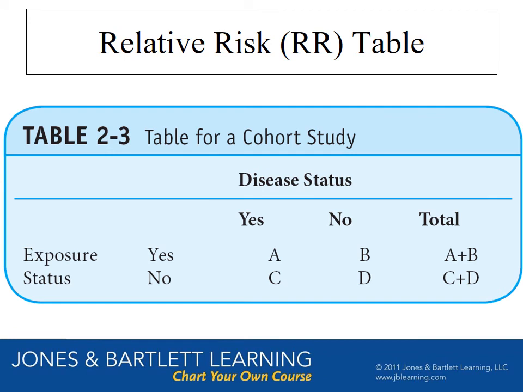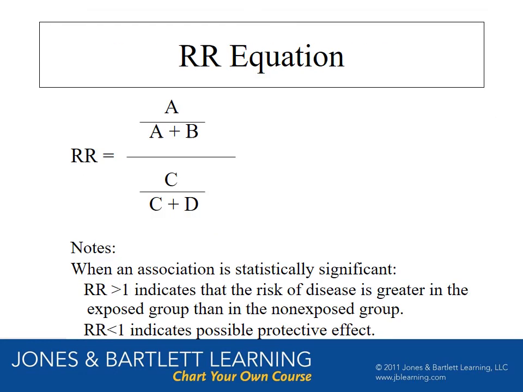In a similar table, now for a cohort study, the disease status is the same. A is those with disease and exposed, and D is those without disease and unexposed. The calculation of a relative risk is A over A plus B, divided by C over C plus D. It's slightly different than an odds ratio. The reasons for that are beyond the scope of what we will discuss in this class.